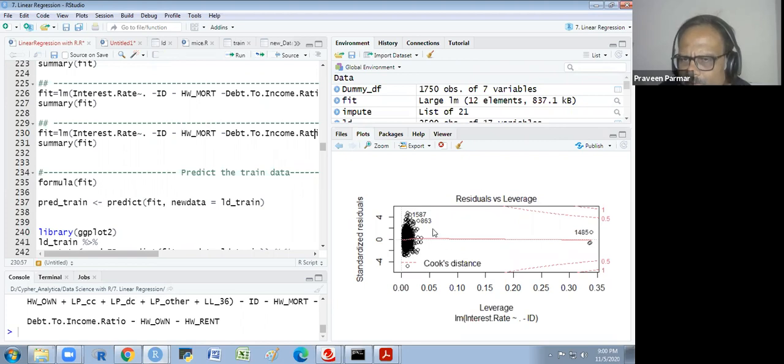It shows us some complete outliers in our data. This outlier, this outlier, this outlier. These observations are the outliers in our data: 1587, 863, and 1485.